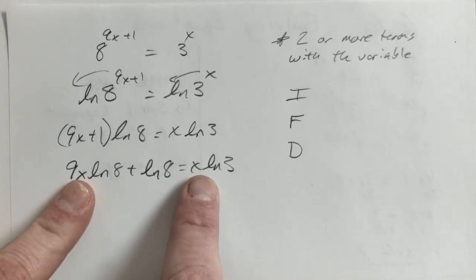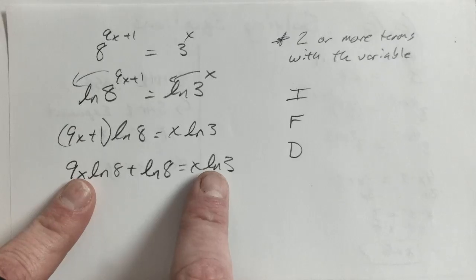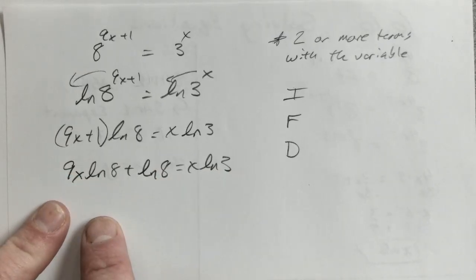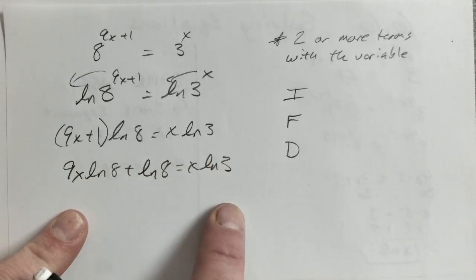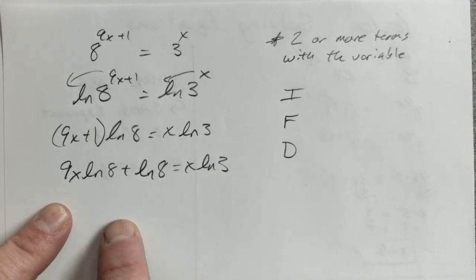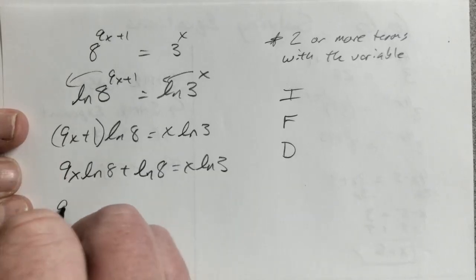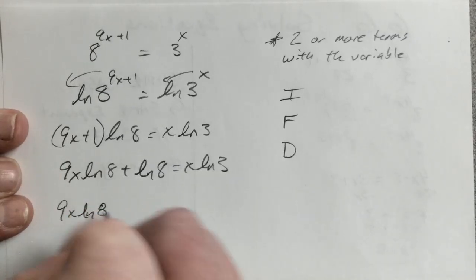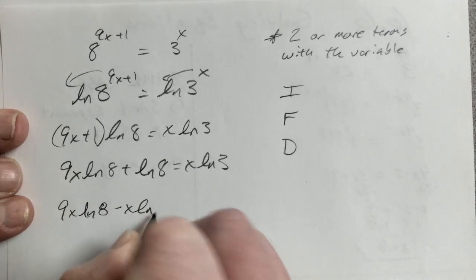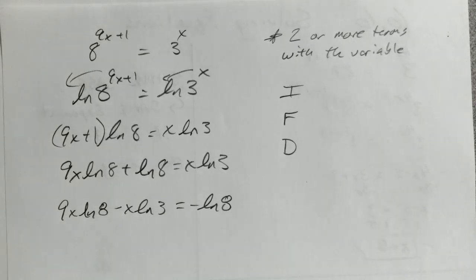So I have the 9x natural log of 8, x natural log of 3. I want to get those on one side, and everybody else onto the right-hand side. So when I subtract x natural log of 3, I will also subtract the natural log of 8. So we get 9x natural log of 8 minus x natural log of 3 equals negative natural log of 8.